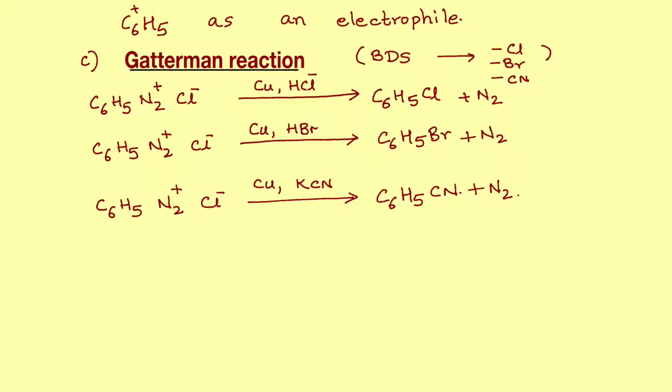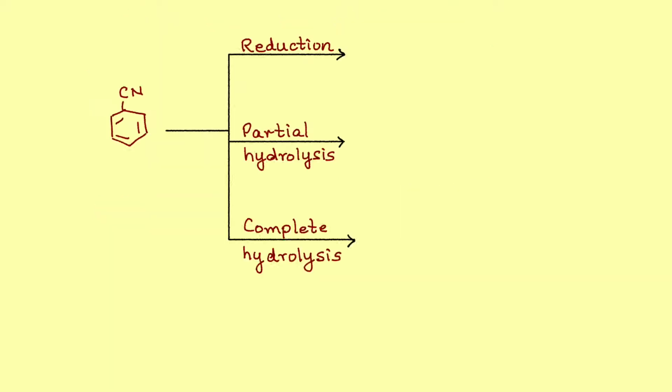Right? Now, there's a very important use of this product. What is it? The benzonitrile that we have formed over here on reduction gives us an amine. So this reduces to give us CH2NH2. Partial hydrolysis, you get an amide.